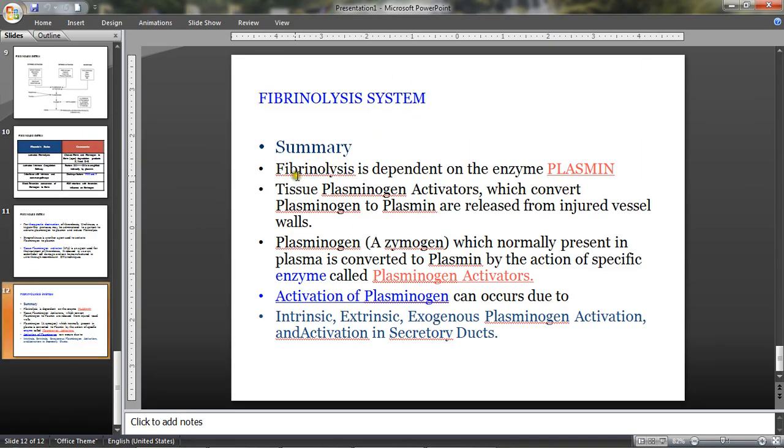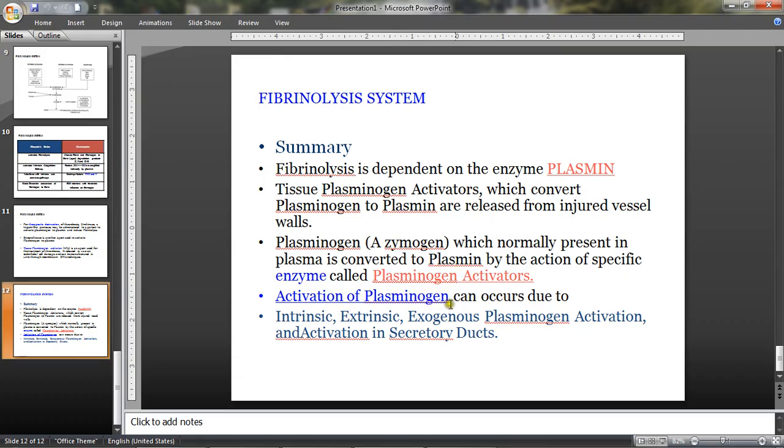Summary: fibrinolysis is dependent on the enzyme plasmin. Tissue plasminogen activators, which convert plasminogen to plasmin, are released from injured vessel walls or the endothelial cells. Plasminogen, which normally is present in plasma, is converted to plasmin by the action of a specific enzyme called plasminogen activators.